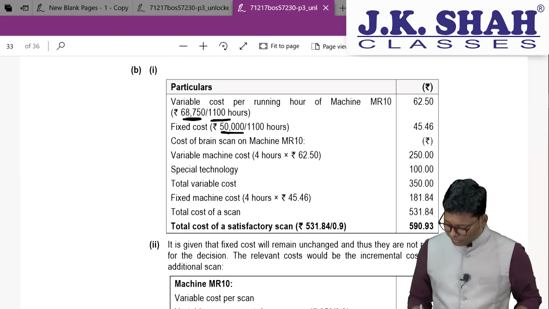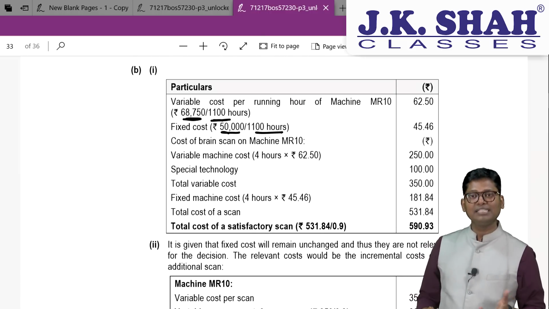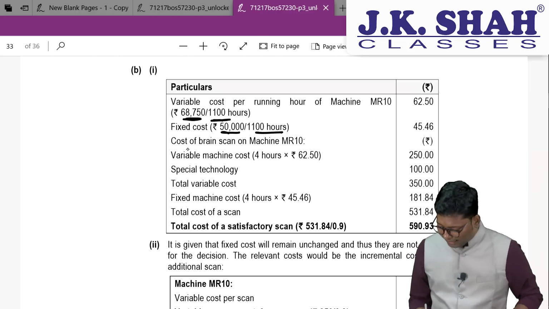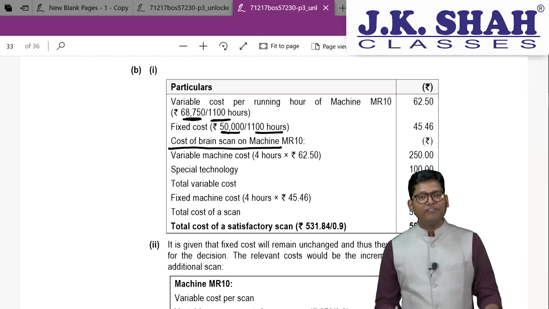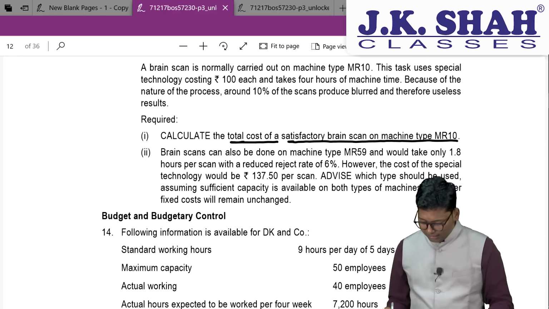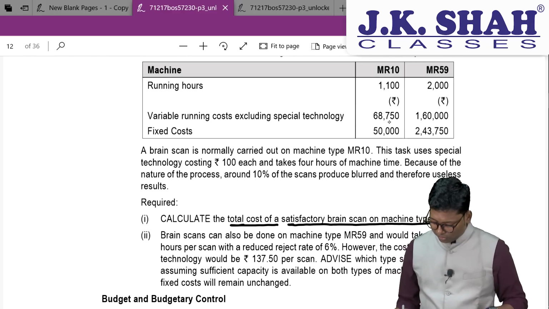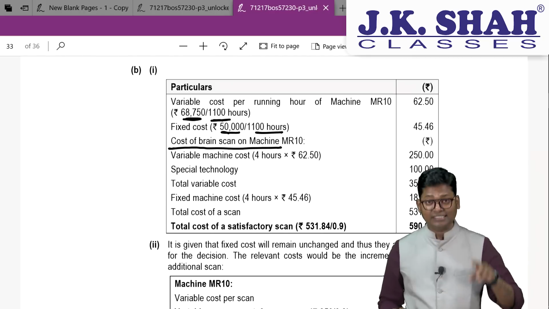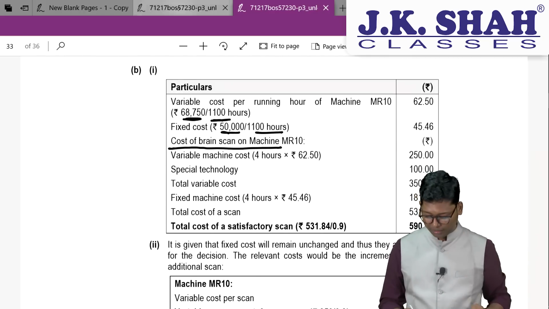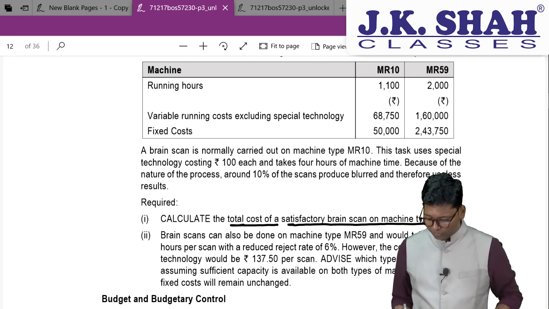In that, fixed cost is also converted into hourly basis. Absorption rate has been computed, and after that cost of brain scan is computed. As far as variable machine cost is concerned, you can check your variable machine cost is 68,750. It is given in the question, and that 68,750 is already recorded. Your fixed cost 50,000 is given in the question.